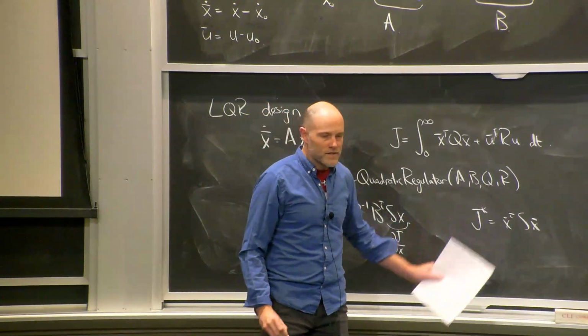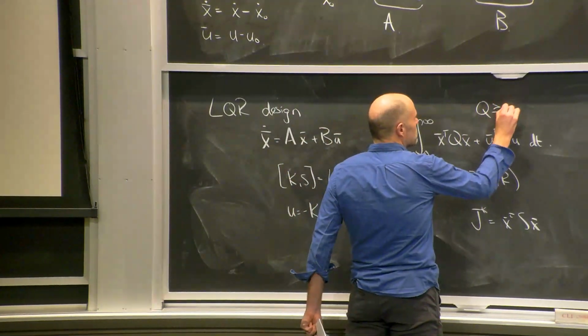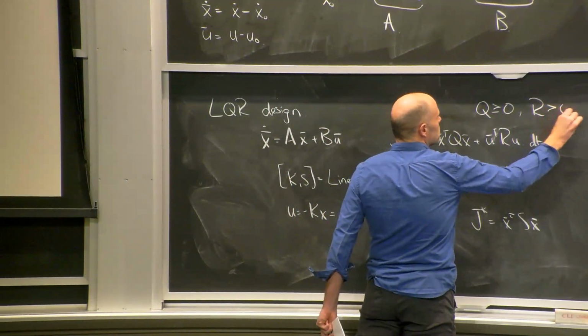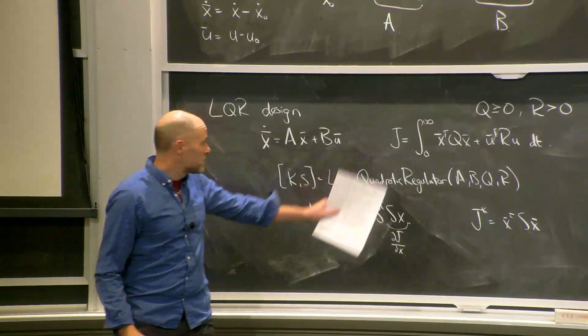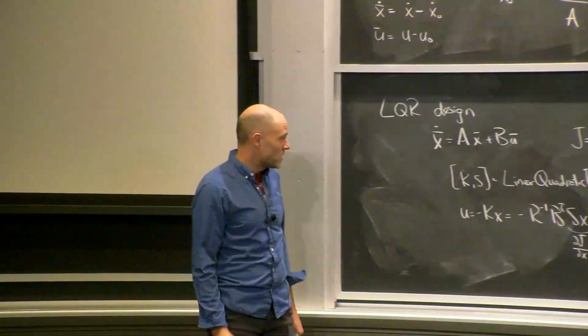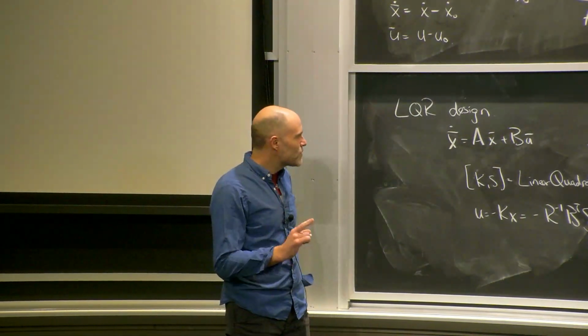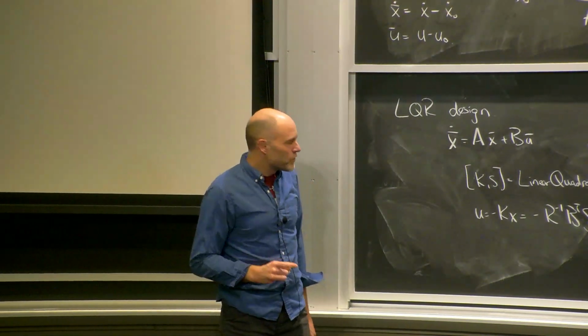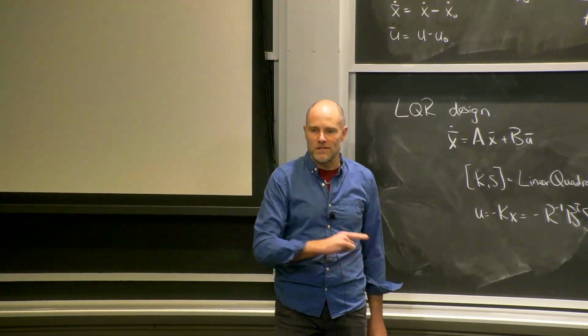But for any choice of Q and R, where Q can be non-negative and R has to be positive, and that's not a hard thing to pick, any choice you make of Q and R, you're going to get a K out and an S out, which makes the closed loop system stable.